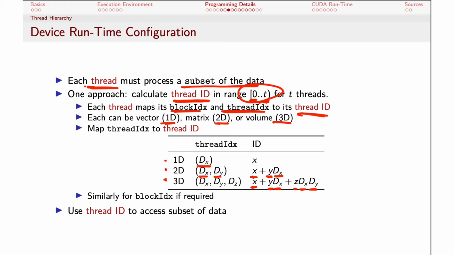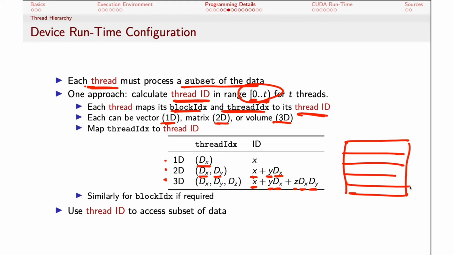This is actually quite similar to the kind of macros that we've used to access specific elements within a two-dimensional array. If we think about a two-dimensional array stored in memory, and it's got some number of rows, and each of those rows has some number of columns, and we want to figure out how to get to a particular cell within the array, what we're going to do is skip down past some number of rows, and in order to do that, we have to know the width of each row, right?